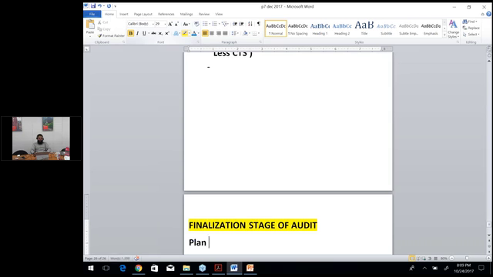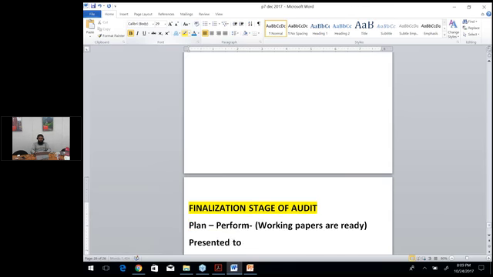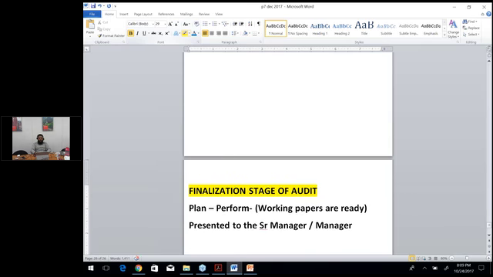Usually after the planning stage, there is this performing stage. Once the audit has been performed, the working papers are ready. These working papers are presented to the senior manager or the manager, and he reviews the working papers to check if sufficient and appropriate audit evidence is obtained.